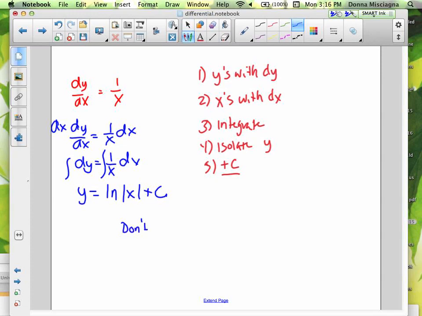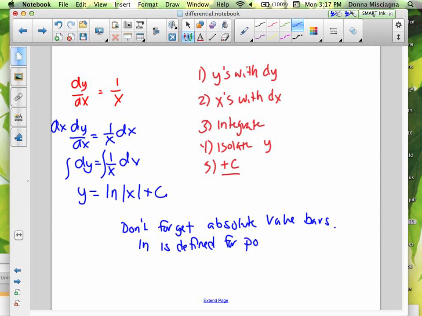Because the number in there has to be positive, because if it's negative, then it can't work. Okay? These all have to be defined, so natural log is only defined for positive numbers. So you got to have the absolute value bars in there.